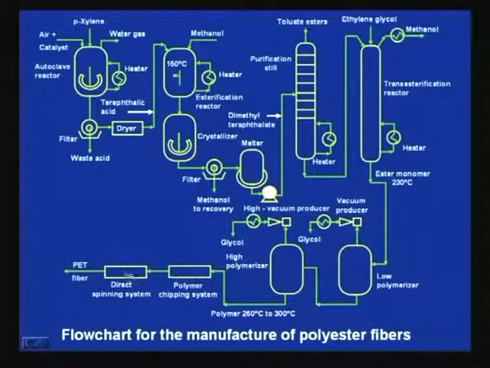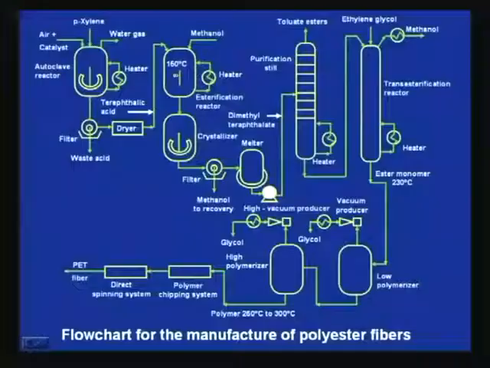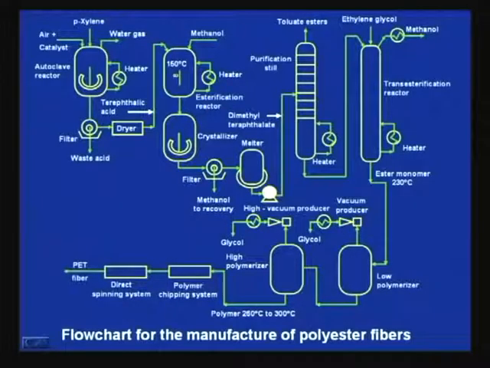Then if it is passed directly to a spinning system, we can get PET fiber. So, the industry making this PET fiber is a huge industry, because in the garments which we are using, this PET fiber, polyethylene terephthalate fiber mixed with cotton, we get terrycotton for garment manufacture. So, they are making these fibers as well as blending.